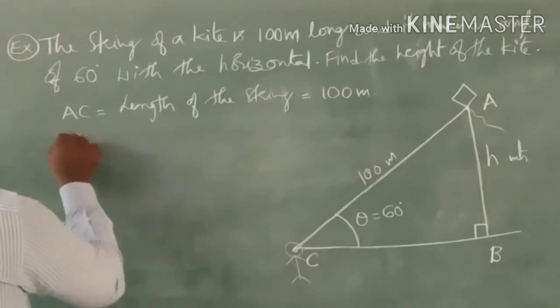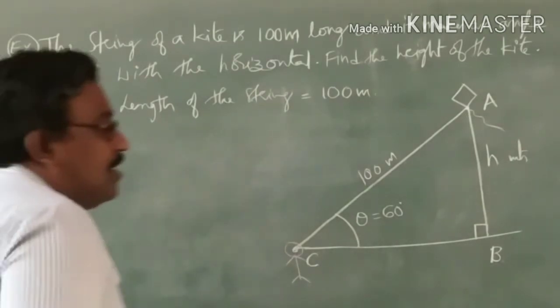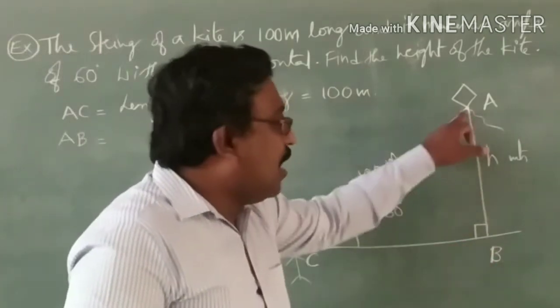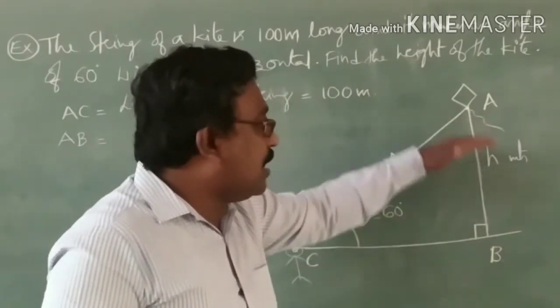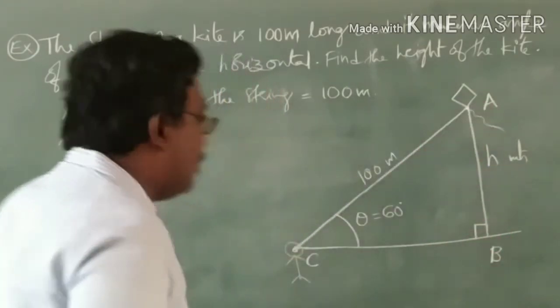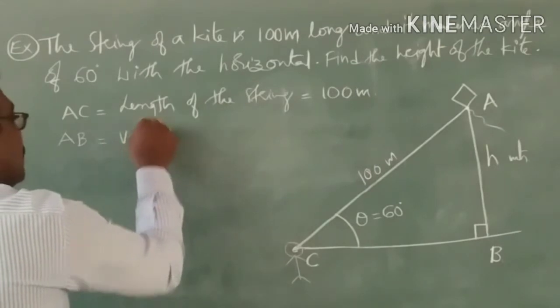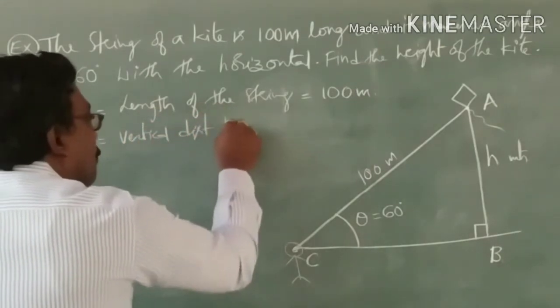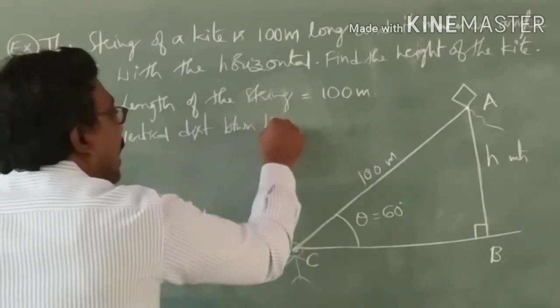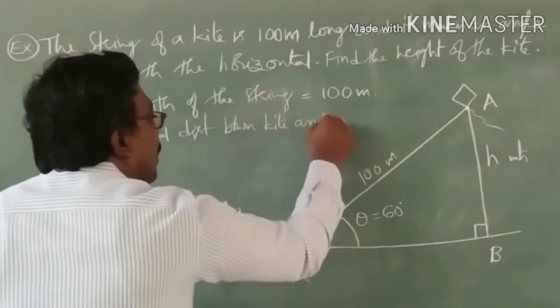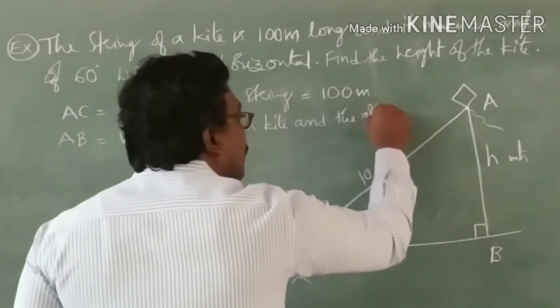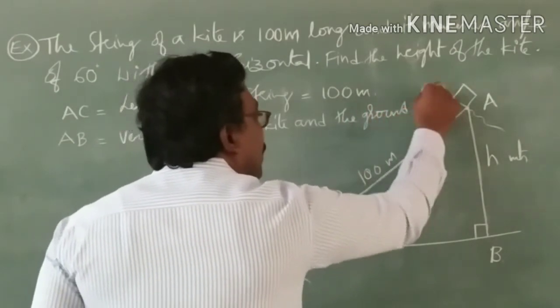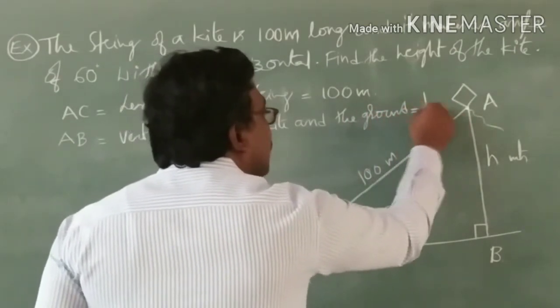Now AB is the height of the kite, the vertical distance between the kite and the ground, which is equal to h meters.